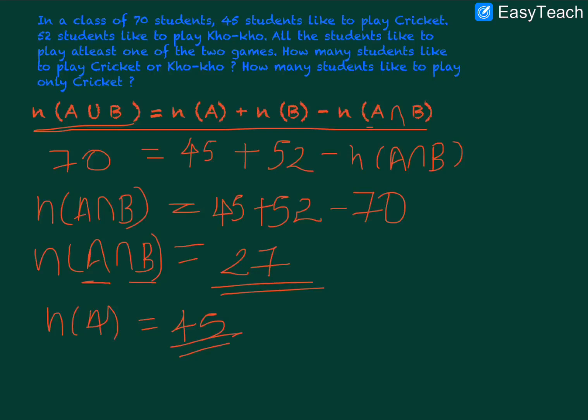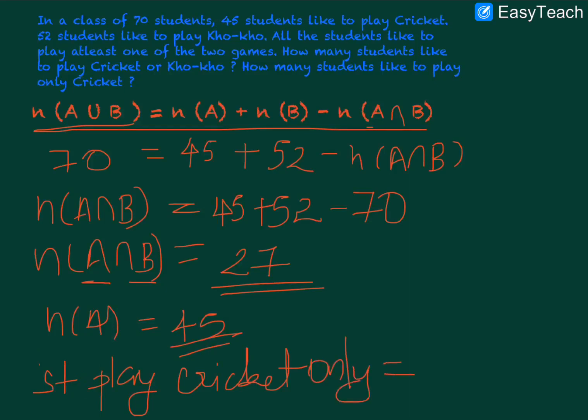For that we have to subtract those who like to play both cricket and coco, that is 45 minus n of A intersection B. The students who like to play cricket only is equal to those who like to play cricket minus the students who like to play both cricket and coco, that is 27.